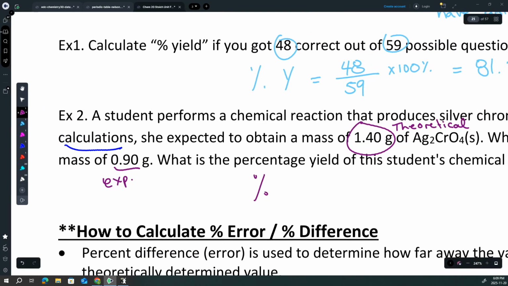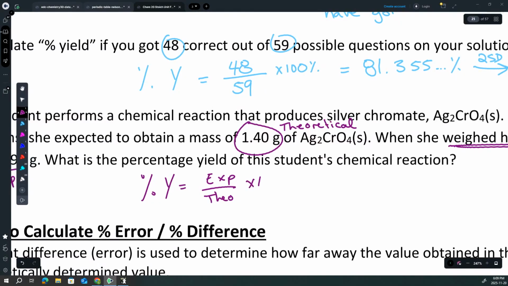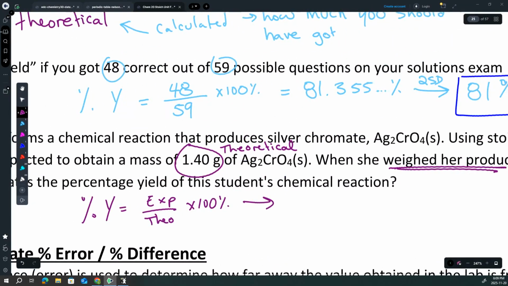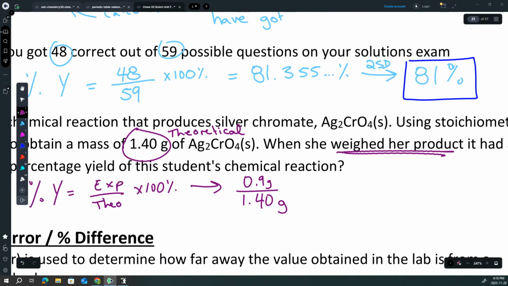So percent yield is equal to experimental divided by theoretical, which I'm not going to write all of that. We'll just go theo, times 100%. If we plug in our numbers, experimental, that was 0.9, divided by what we should have got, or the calculated value, 1.40, times 100%.